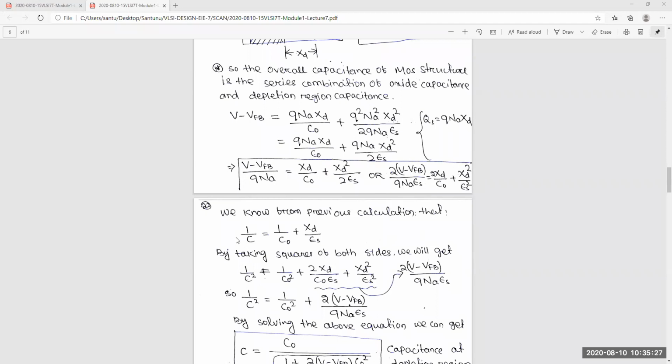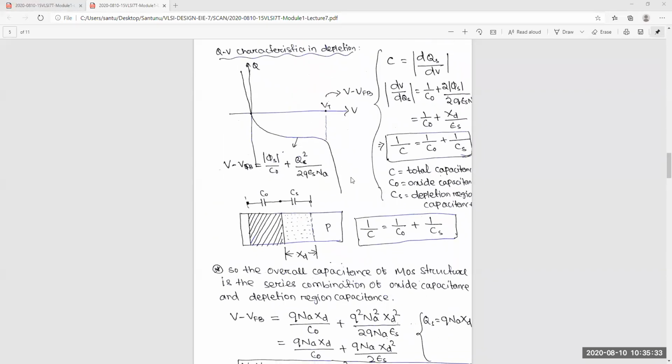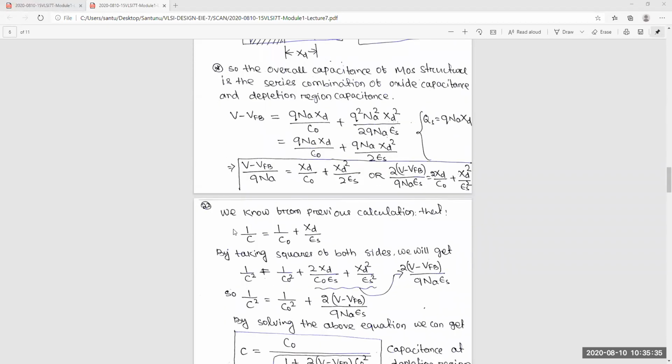Initially, 1 by C is equal to 1 by C0 plus Xd by epsilon s. This is the overall capacitance C. Now take the square of both sides. So 1 by C square is equal to 1 by C0 square plus 2 into this part plus the square of this part. Finally, if we take the square of both sides, we will get this.